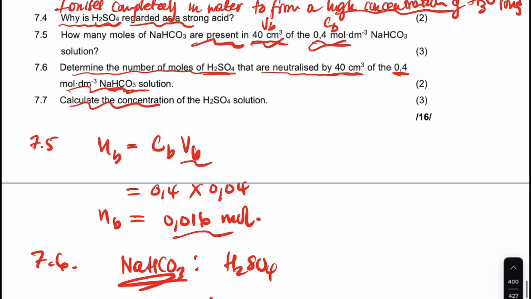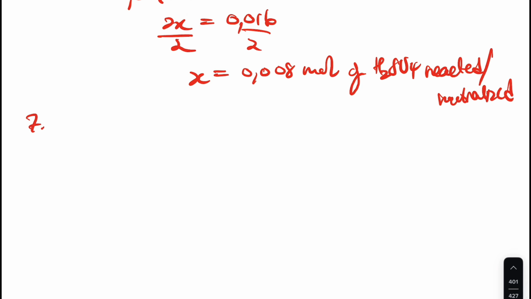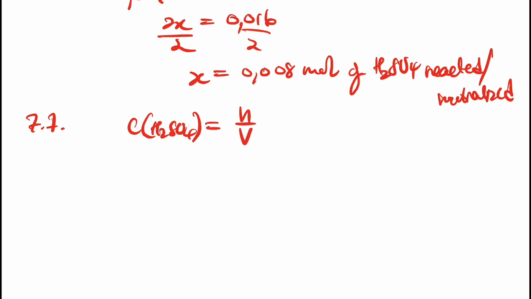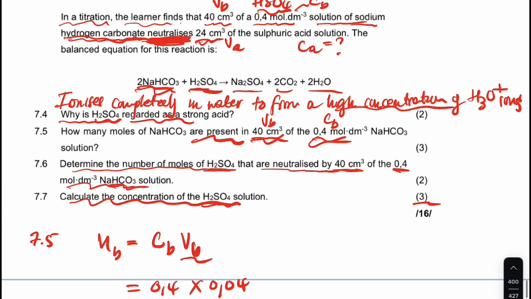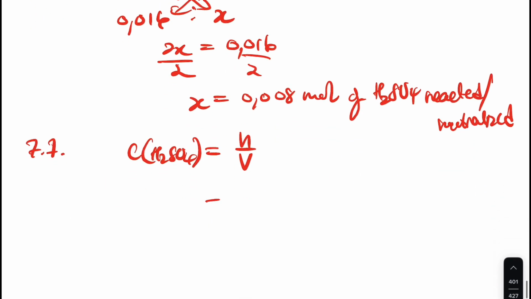Then 7.7, it says calculate the concentration of sulfuric acid. The concentration of sulfuric acid, 7.7, is C of sulfuric acid equal to n over V, right? So do you have the volume of the sulfuric acid? Yes, we were given the volume of the sulfuric acid. It was 12, right? Of the sulfuric acid, it was not 12, man, it's 24.